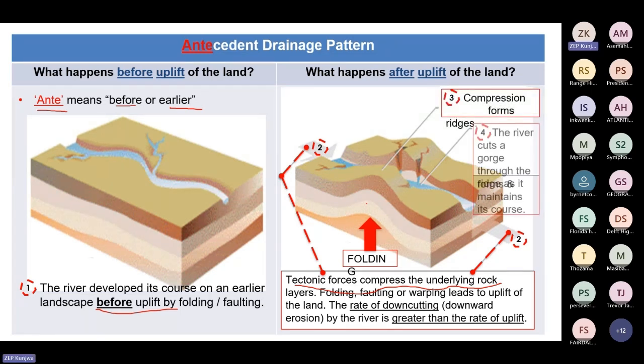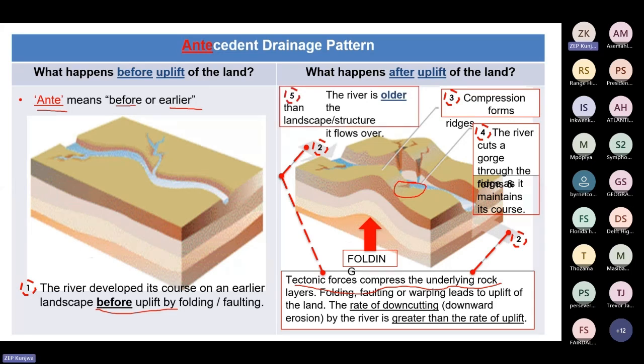Okay, and then now the river will start to cut the gorges. These are your gorges, learners, for those of you who don't know what a gorge is. Now the river in this particular case is older than the landform.